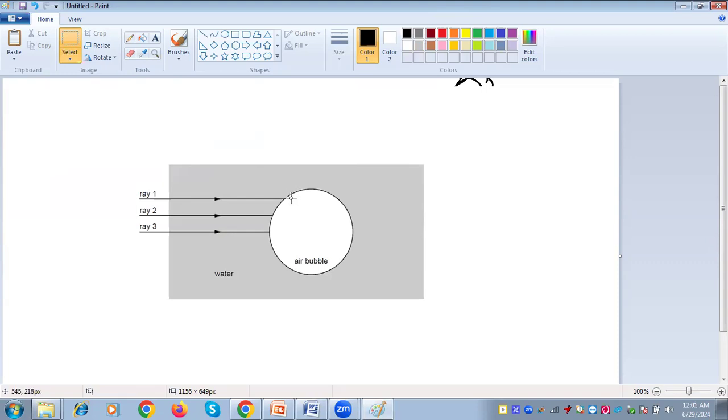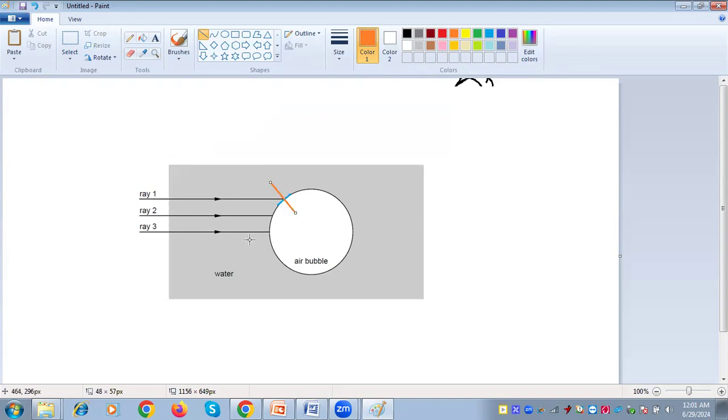So it means we have to draw one small flat portion at the point of incidence of ray 1, that is tangent to the curve at that point. Now at the point of incidence, we will draw the normal. The normal will be 90 degrees to the flat part.